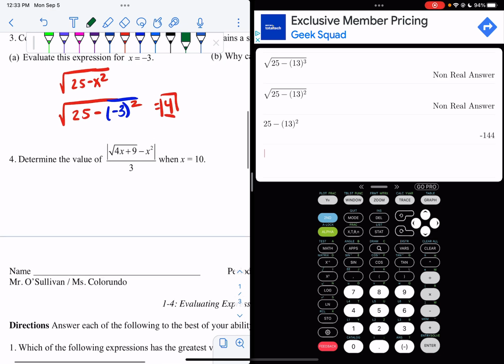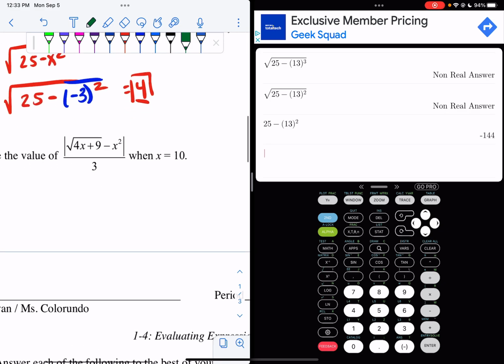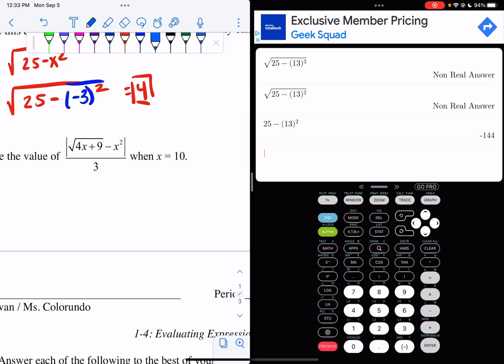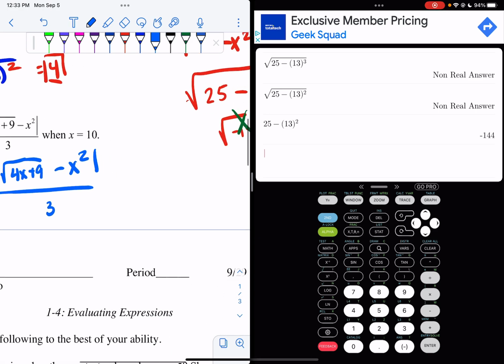Question number 4. Determine the value of the absolute value of the square root of 4x plus 9 minus x squared, divided by 3, when x equals 10. So this is going to be a lot of work on the calculator, so you have to be very, very careful. So I rewrite the expression: the absolute value of radical 4x plus 9 minus x squared, over 3. We're going to plug in 10 for x.